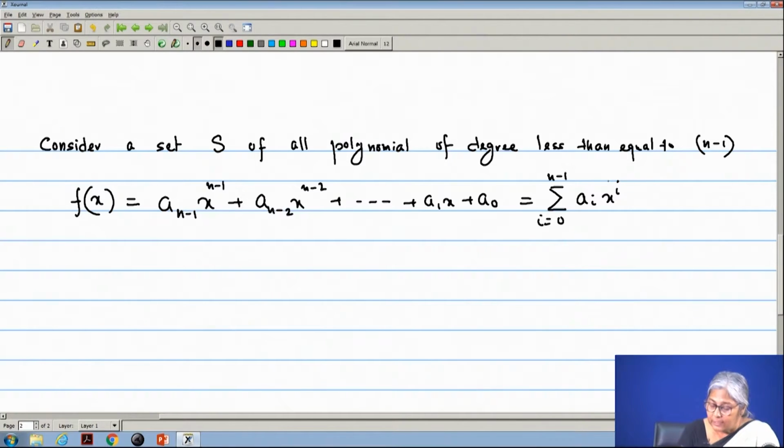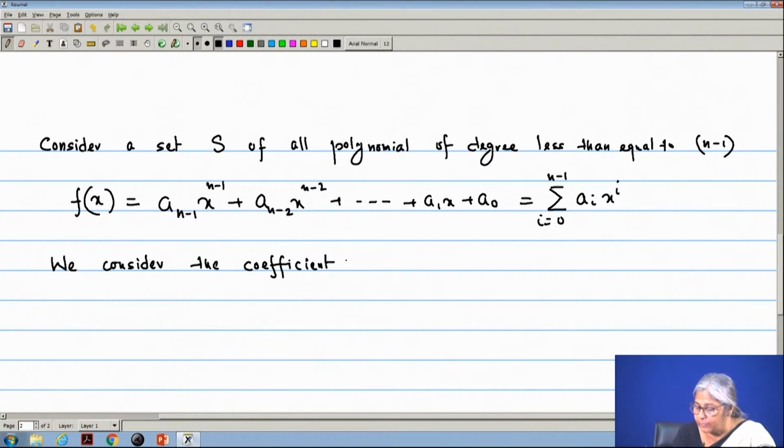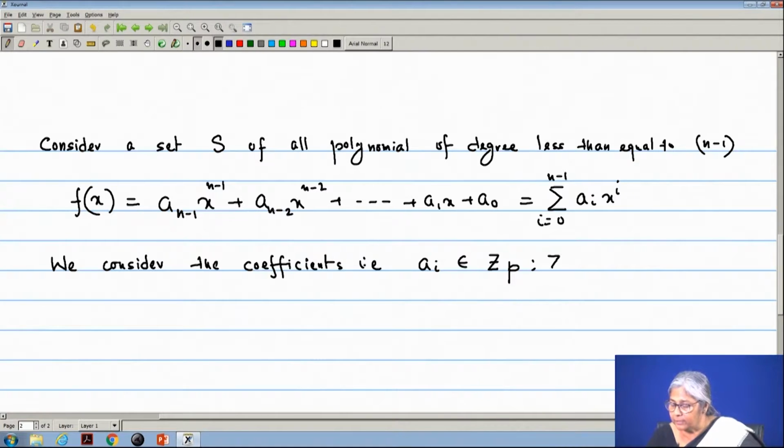Now, we consider the coefficients a_i, each belongs to some Z_p. We have defined Z_p as 0 to p minus 1.